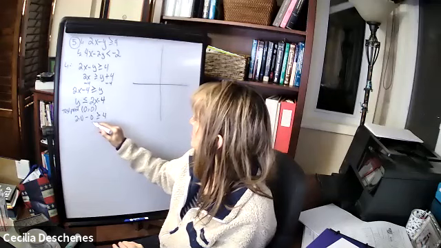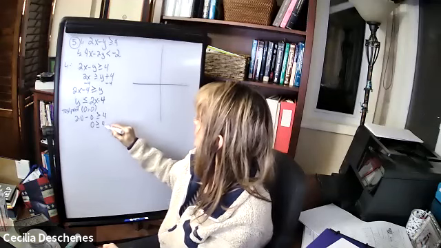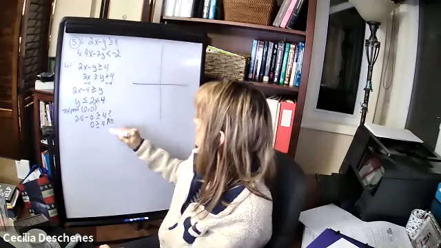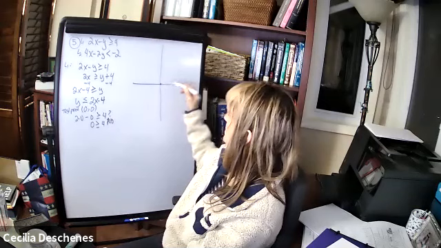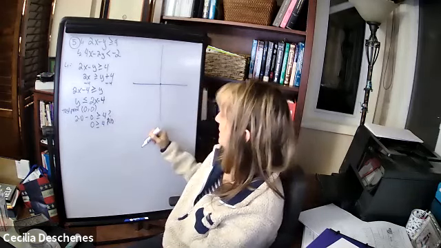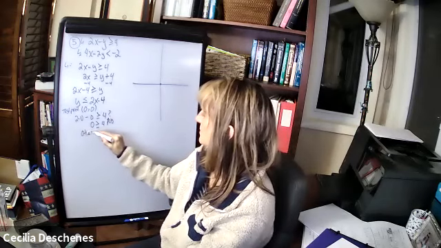We get 0 greater than or equal to 4? And the answer is no. So the origin is not going to be part of our shaded region. Okay, so we're going to say it's the other side.